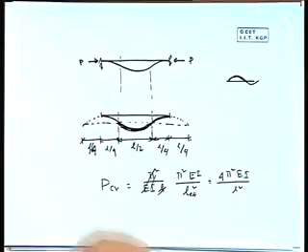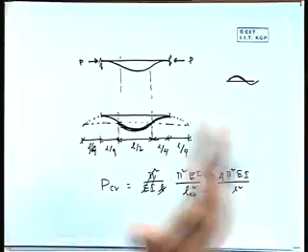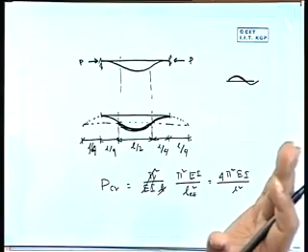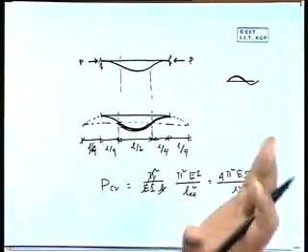Now, I will take a case where this concept cannot be applied, because if we make both ends hinged, or both ends fixed, it is more or less a symmetrical type of section. If we take this fixed and this hinged, what will be happening?